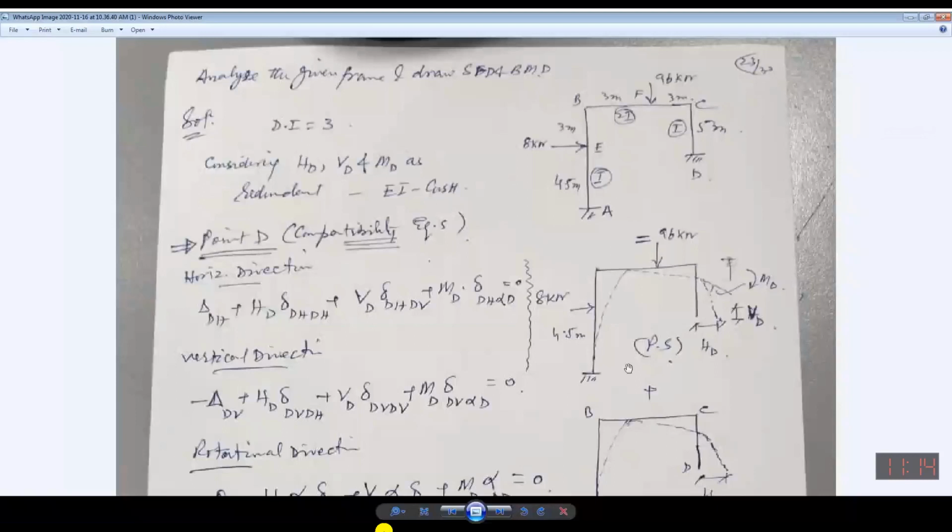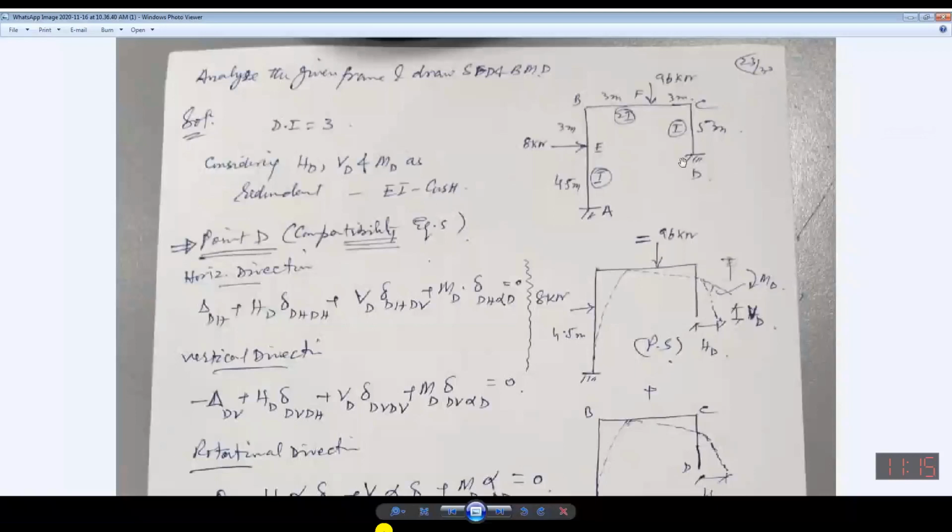Now we will be considering the deformation or the displacements in the same directions in which we have considered the redundant forces. Now I have considered horizontal force as redundant, so I will be considering the displacement in the horizontal direction. Vertical force as redundant, so vertical displacement.